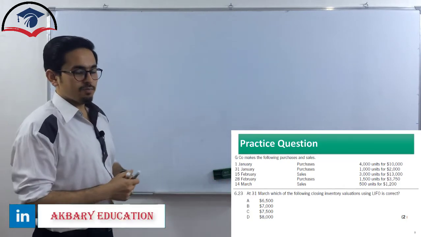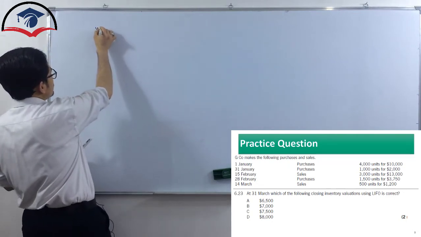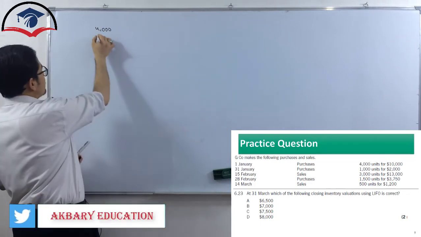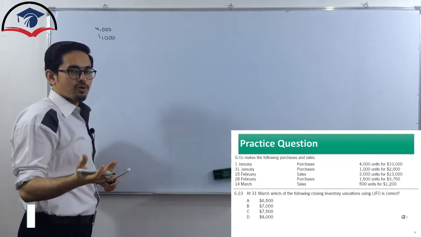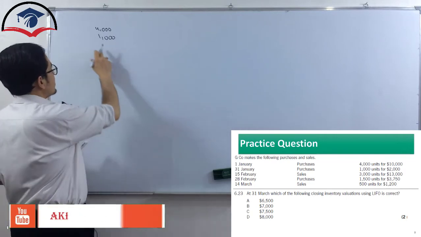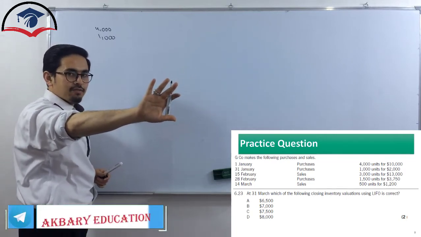It is the LIFO method, and under LIFO, suppose we have 4,000 units purchased. First of all, there is no issue after that, and we have another 1,000 purchase and there is no issue. But after that they say that we have issued 3,000 units. The last item which came will be issued first, but that's not enough.